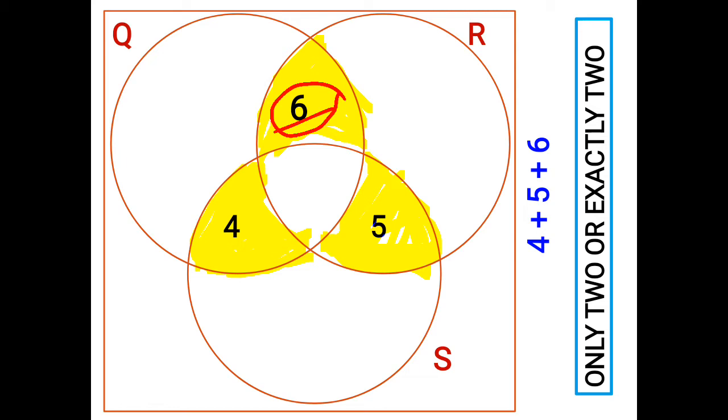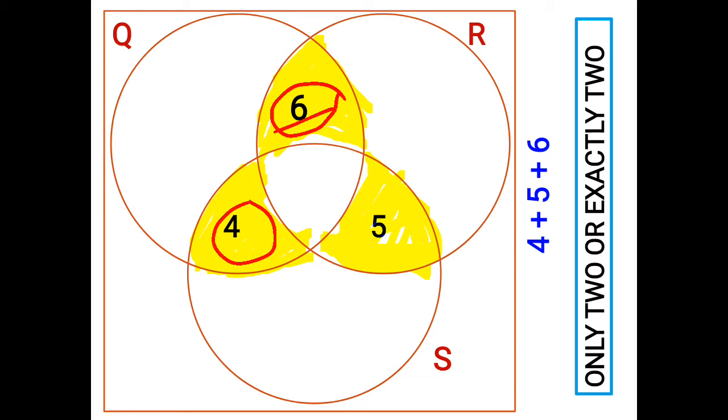So region 6 means only 2. Likewise, region 4 is only 2, because R is not found in 4. So region 6 is Q and R only. Region 4 is Q and S only.